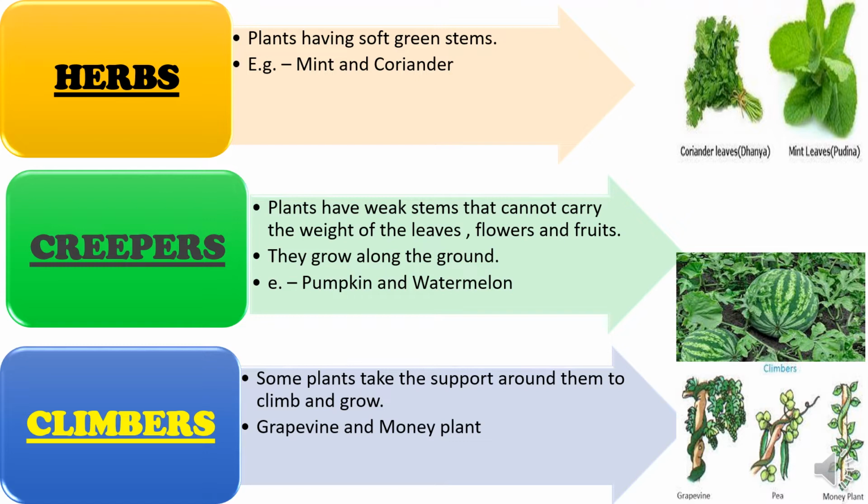They have a thicker stem compared to creepers and herbs, but they cannot grow against gravity. So if you want these plants to grow to a certain height, you have to tie them and give them support, and then they climb easily. That is why they are called climbers.